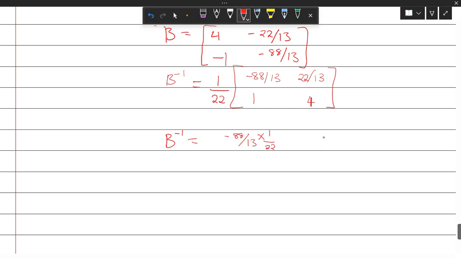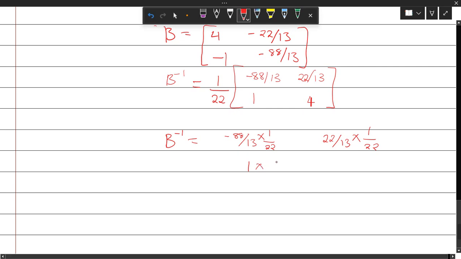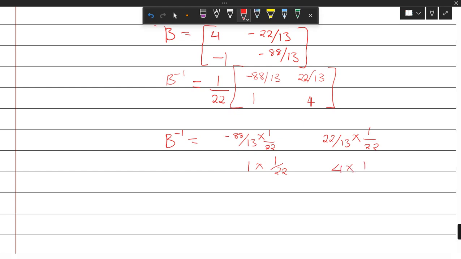Then we have 22 over 13 multiplied by 1 over 22. Then here we have 1 multiplied by 1 over 22. Here we have 4 multiplied by 1 over 22.